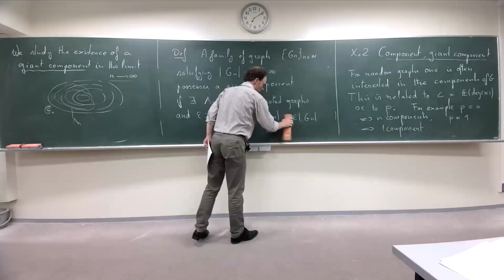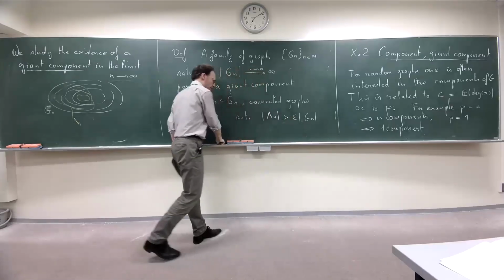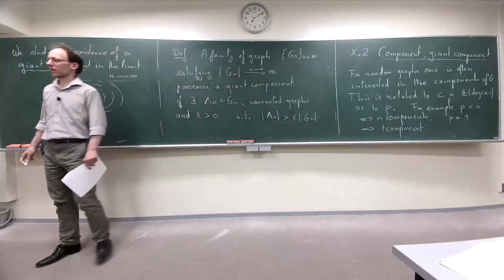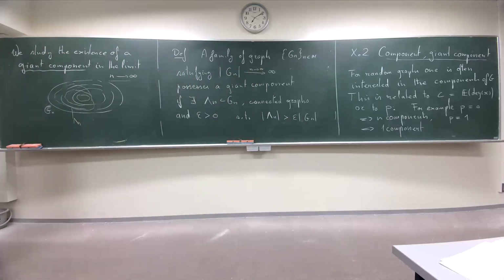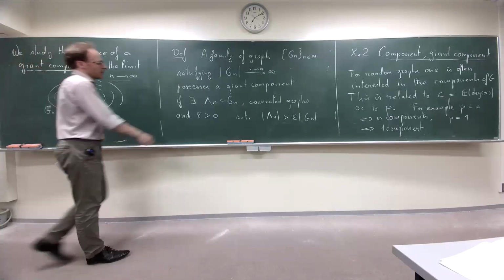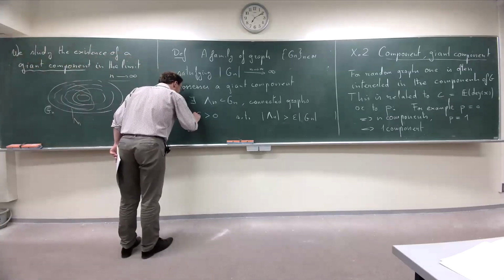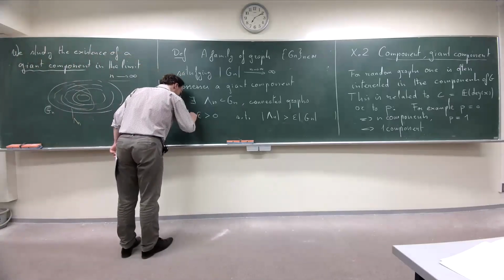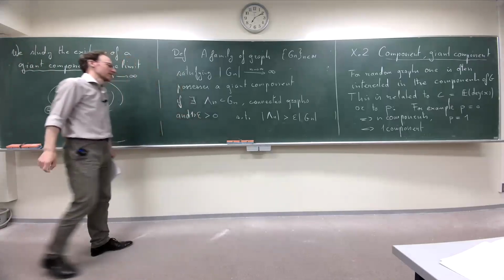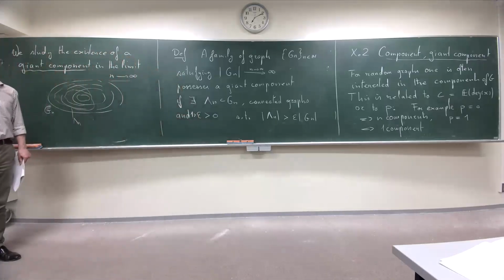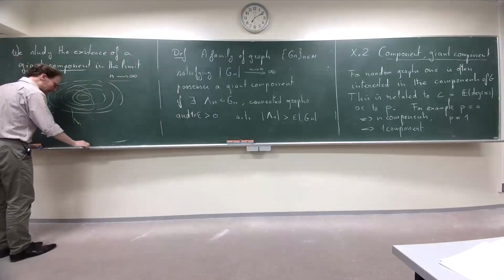Maybe I put a strictly bigger. Epsilon bigger than 0? What do you want, epsilon smaller than 1? Yeah, epsilon is always small. Of course, it's smaller than 1. But why? Think about this.